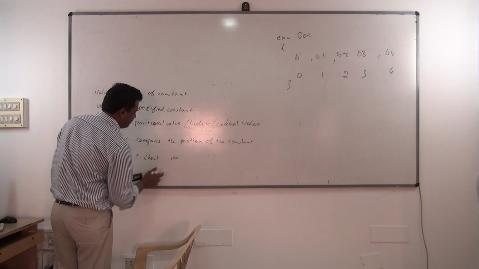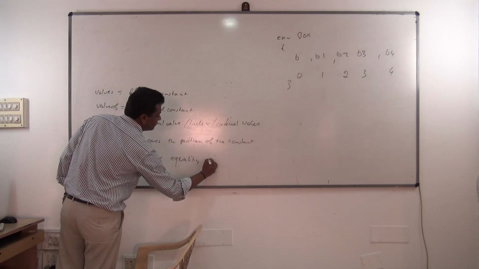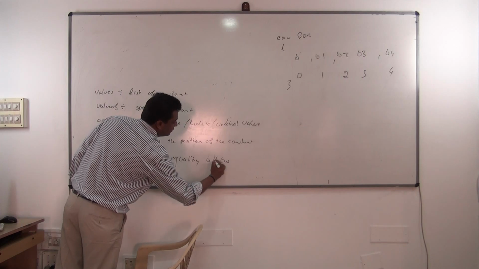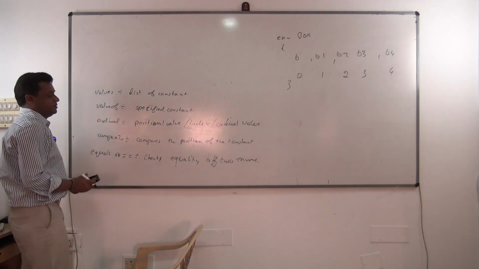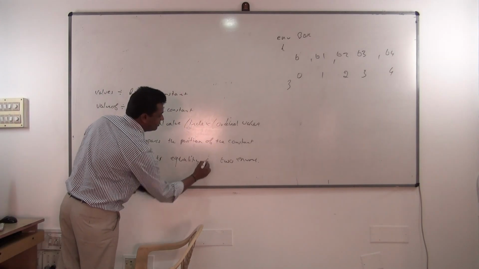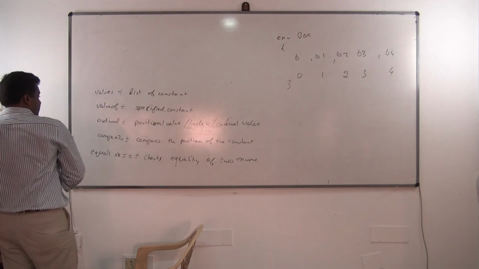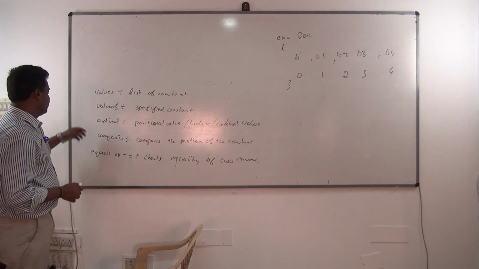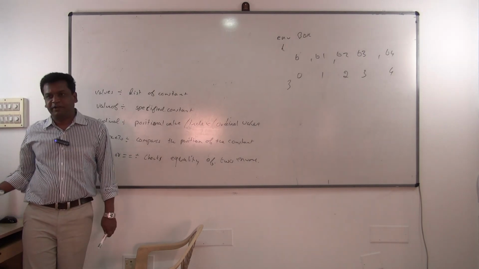Checks equality of two enums. Getting it? Checks equality of two enums. So all these methods you can see, and yeah, this is what is very important from interview point of view.